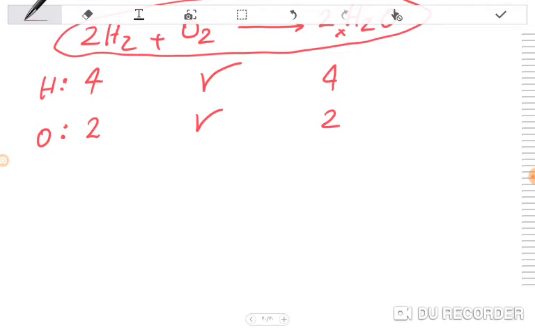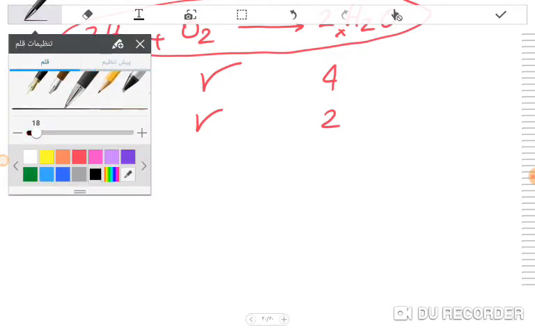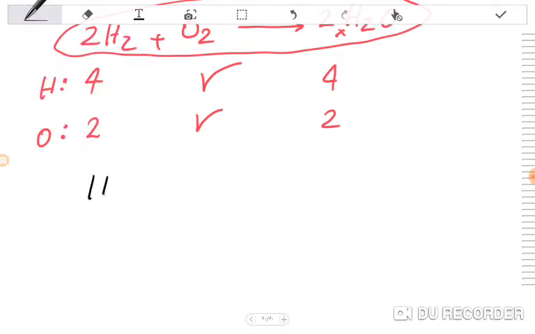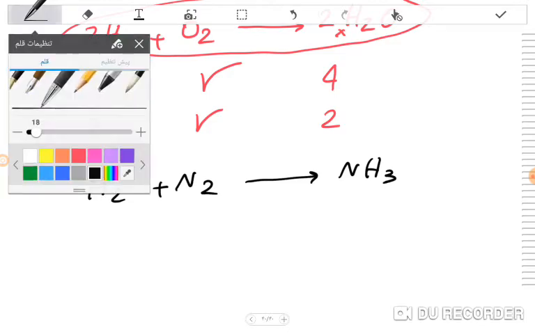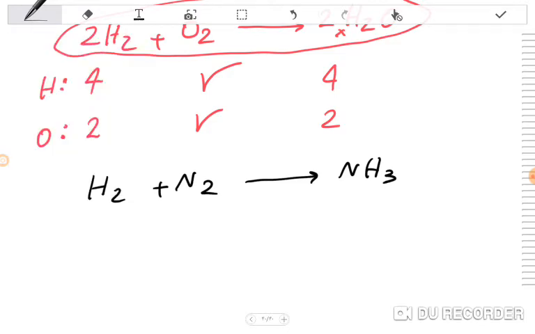Practice number 2 is the reaction between H2 and N2, and the product is NH3. Okay, we know hydrogen gas reacts with nitrogen gas and the product is ammonia. Okay, we do everything again.